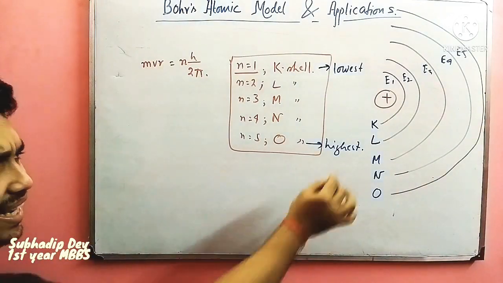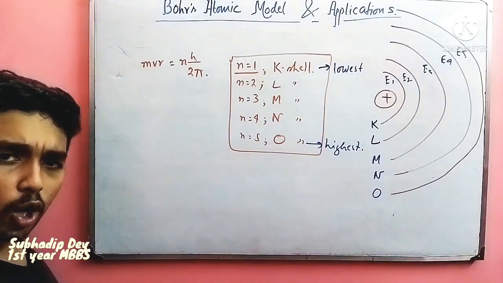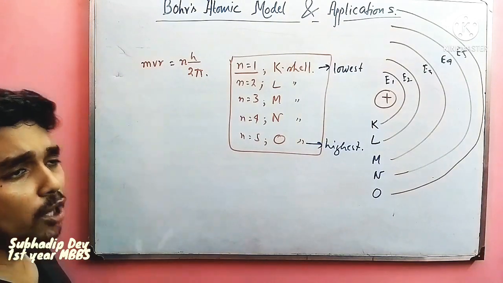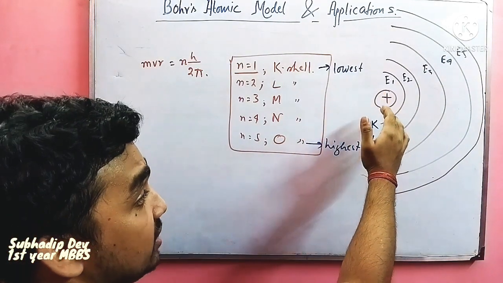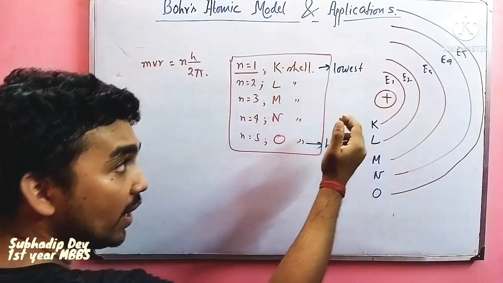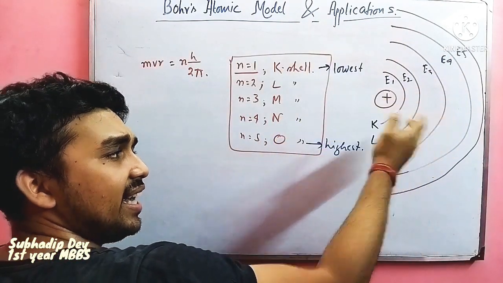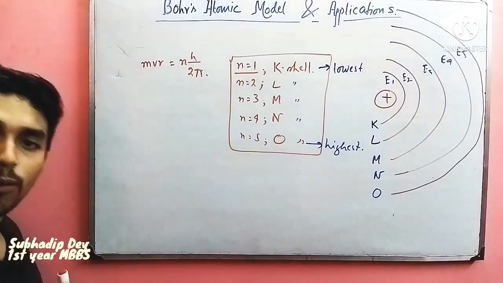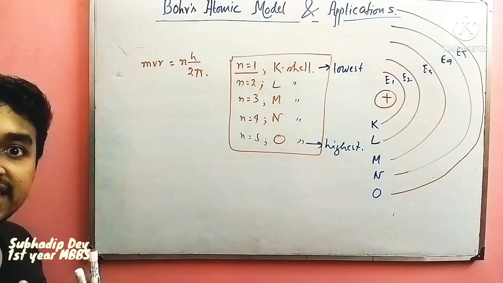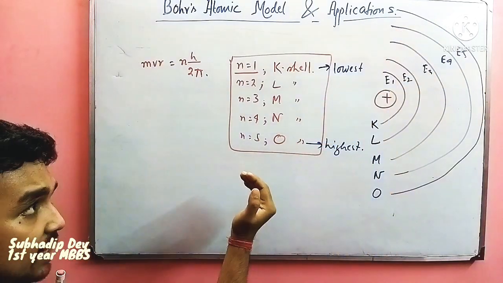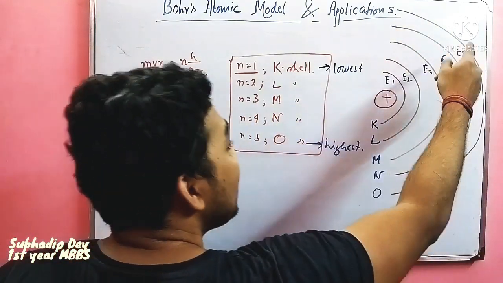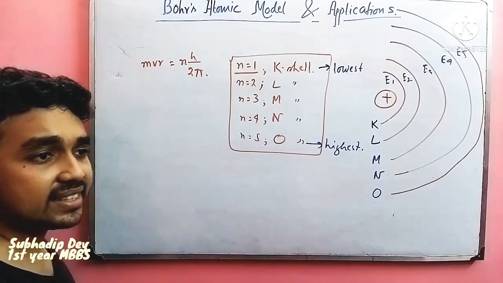And when any electron within these orbits absorbs or emits energy, then those electrons jump from one orbit to another. If any electron absorbs some energy, its energy level is increased, so it jumps from a nearer orbit to a farther orbit from the nucleus.